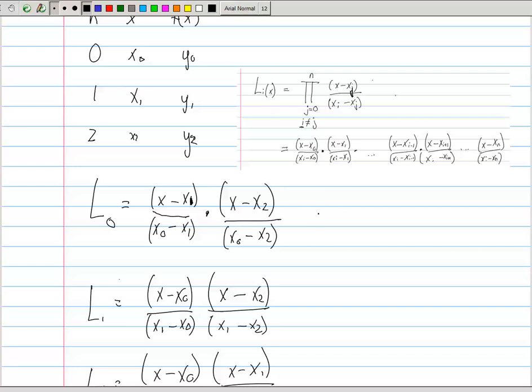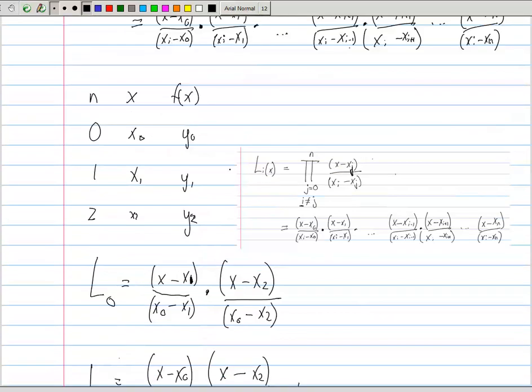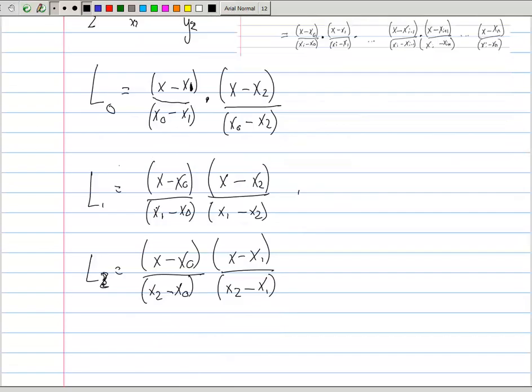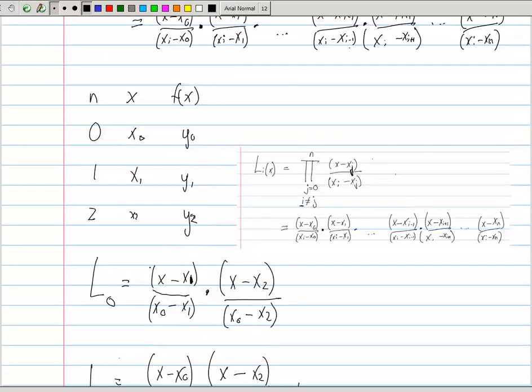So our L0 term is the only term that ends up having something, because if we look at all our other terms, when x is x0, for our next one, we'll have L1 times y1, with a 0 in the numerator, and again with L2. So our only term is this term over here.